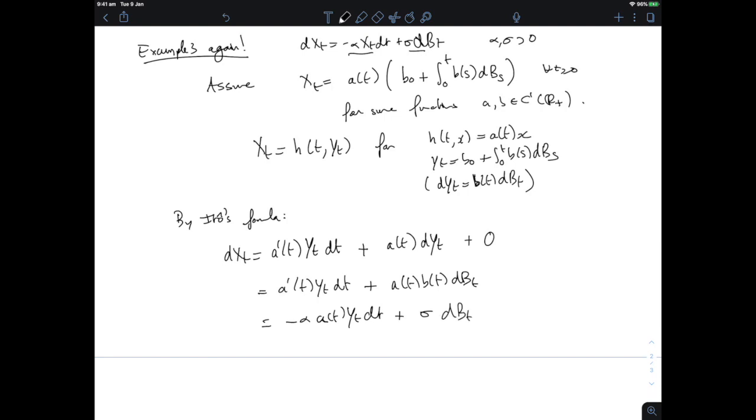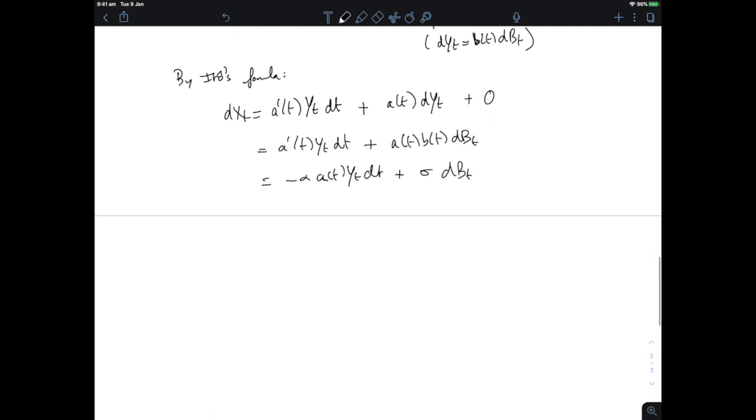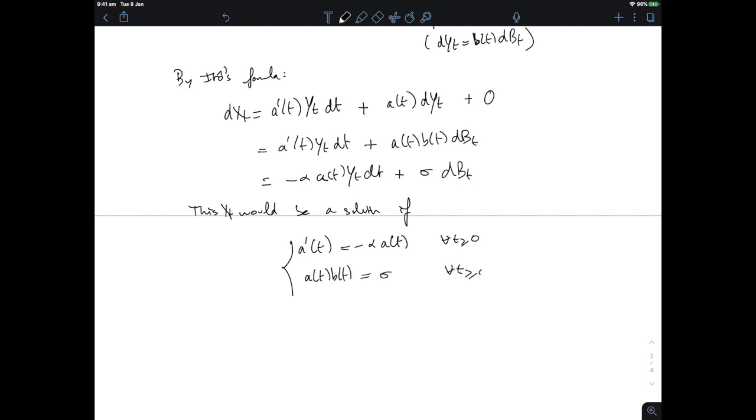So it seems that the condition that a and b have to satisfy, so this would have a solution, is this: this process xt would be a solution if a prime of t were equal to minus alpha a of t for all t, and in the meantime a of t times b of t were equal to sigma for all t.